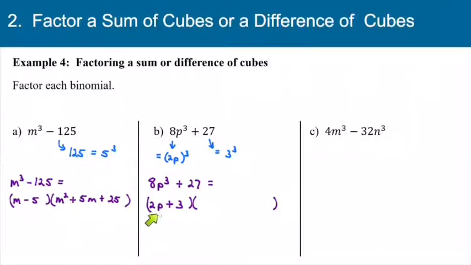Now these three terms are made of these pieces. So the first term is 2p times 2p. 2p times 2p is going to be 4p squared. And then opposite sign from what's in the problem. The middle term is made of this times this. So 2p times 3 is going to be 6p. That's going to go right here.